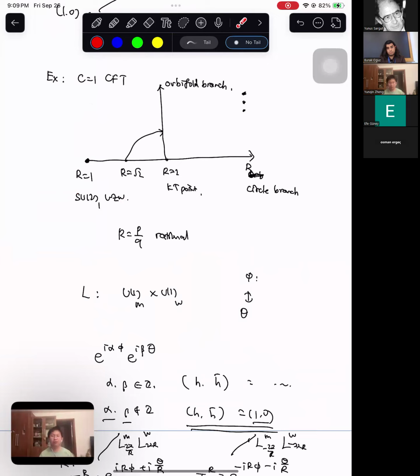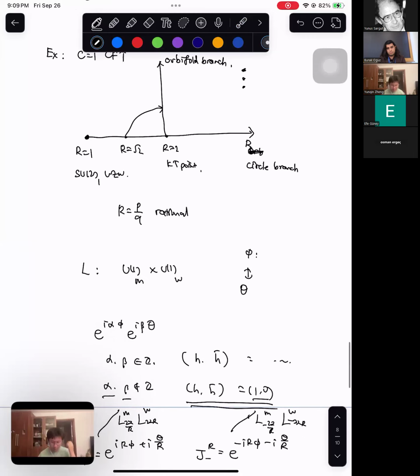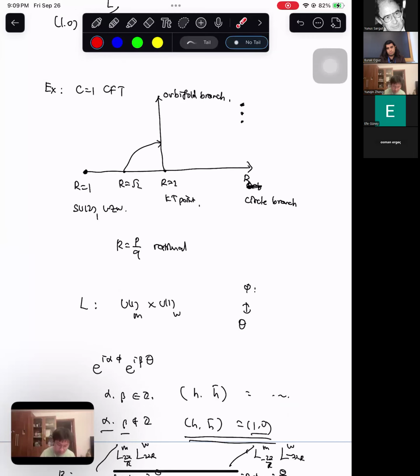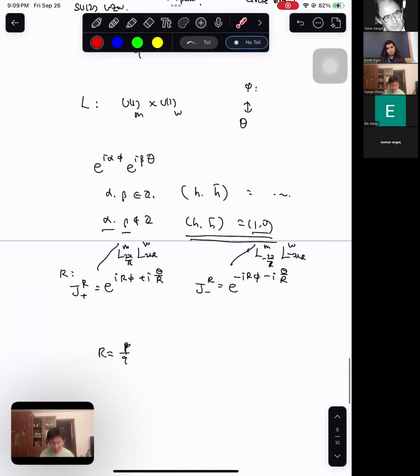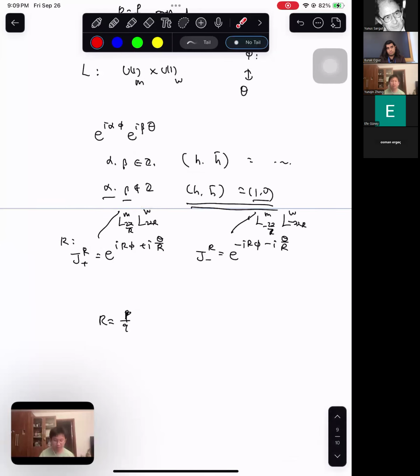And in the case when R is not 1, but is a P over Q, then you see that it turns out that these operators, like R equals to 1 and R equals to P over Q, are related by gauging. And it's precisely this gauging that makes the local current over here to be non-local current over here, which are these ones.